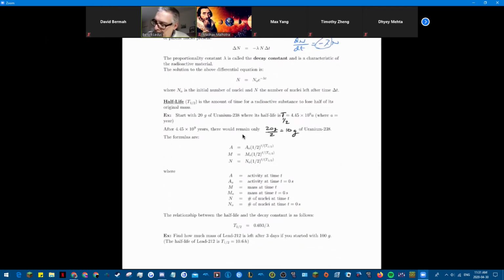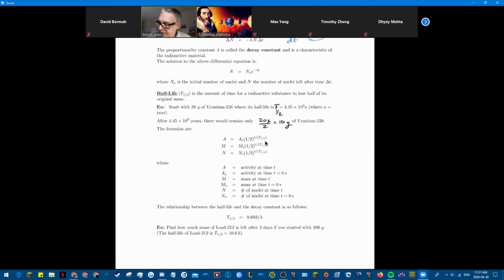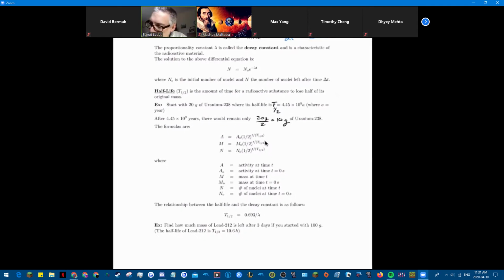So this is the equation here. If you want to put it in this form, you can put it in this form as well. A naught is the activity at t equals 0. This is also correct, right? So t over t half, the whole exponent here is time over the half time.